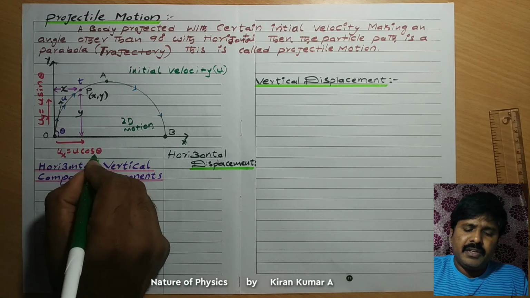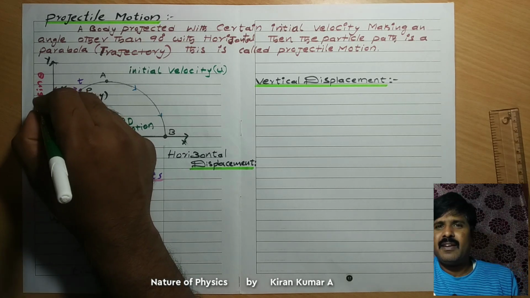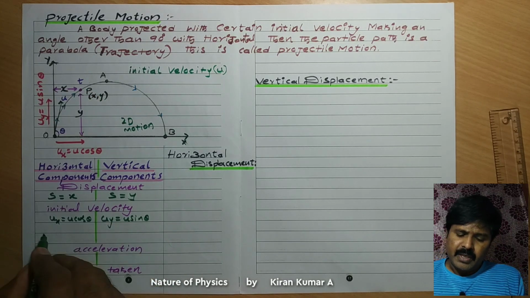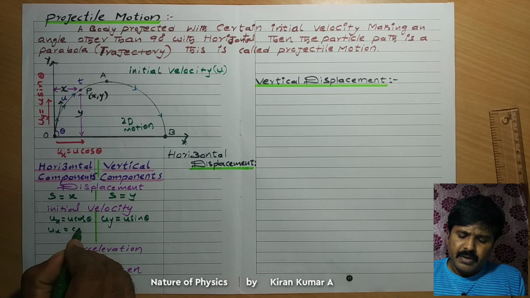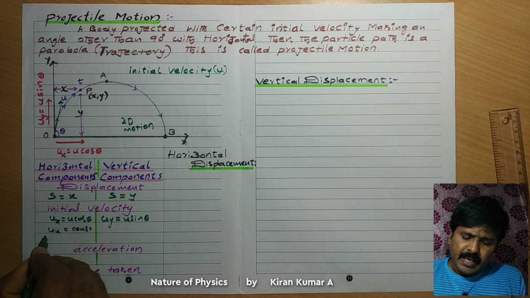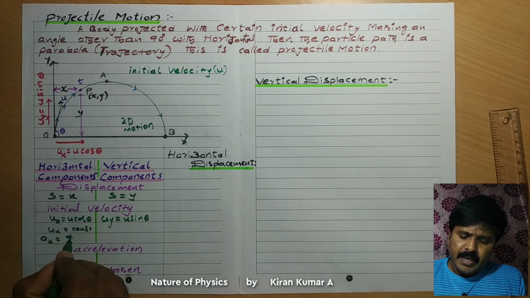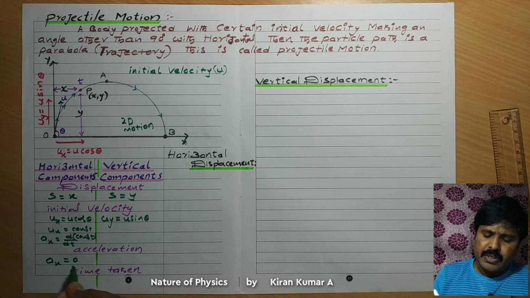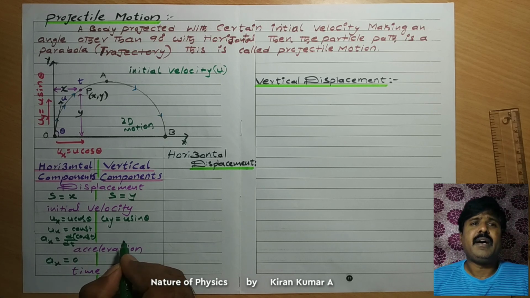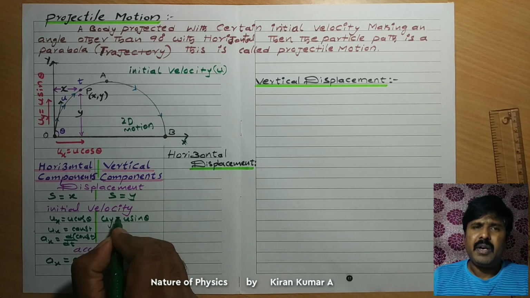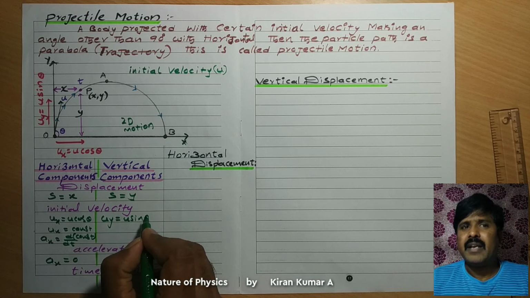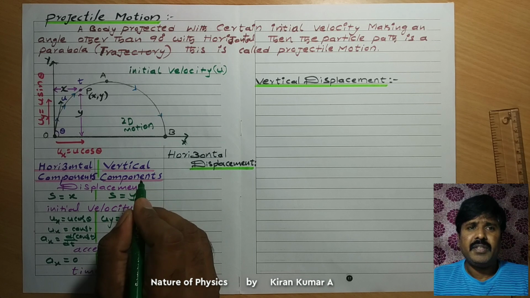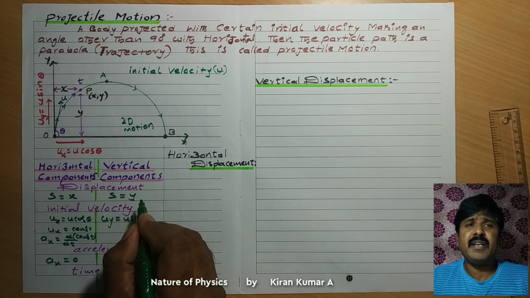Also this is the horizontal initial velocity and this is the vertical initial velocity, so ux remains constant, so that ax is equal to d by dt of a constant. The differentiation of a constant is equal to 0, so ax is equal to 0 throughout the path. The horizontal component of the initial velocity or final velocity at any point in projectile motion remains constant.